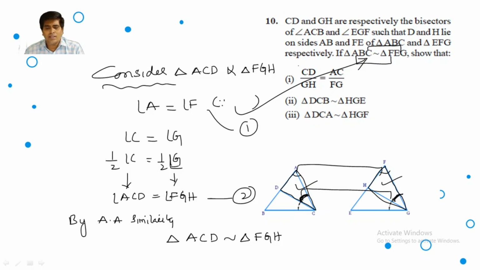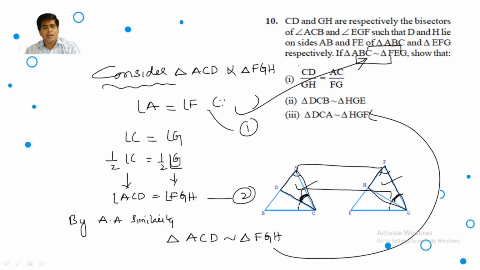So this is known as the third relation. We have proved the third relation here. ACD as well as FGH are similar triangles.